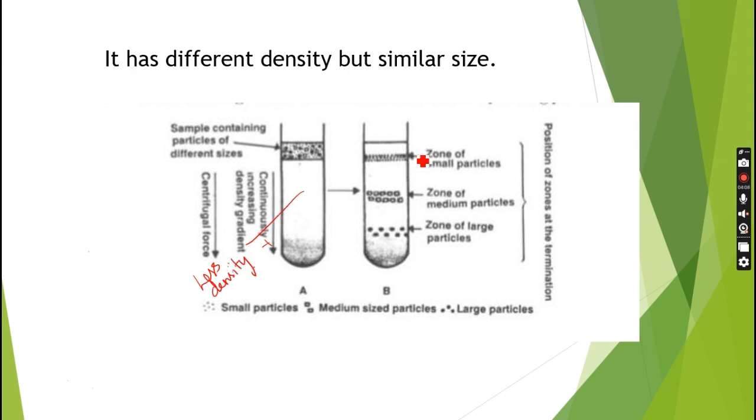So it's going to form discrete zones. Based on its gradient, we can find the gradient at the top and its similar density component at the bottom. Likewise, discrete zones can be formed in this.